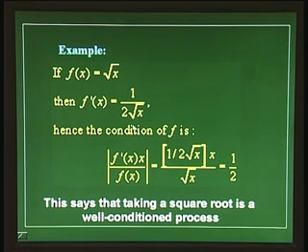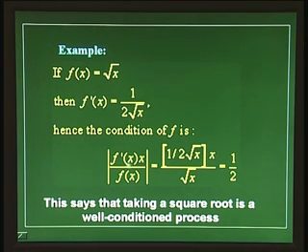It is 1 by 2 root x. So what was the condition? The condition is f prime of x into x by f of x, again in absolute value, we are only interested in the absolute value of that number. So that will be 1 by 2 root x divided by root x into x. We would get that as 1 by 2.